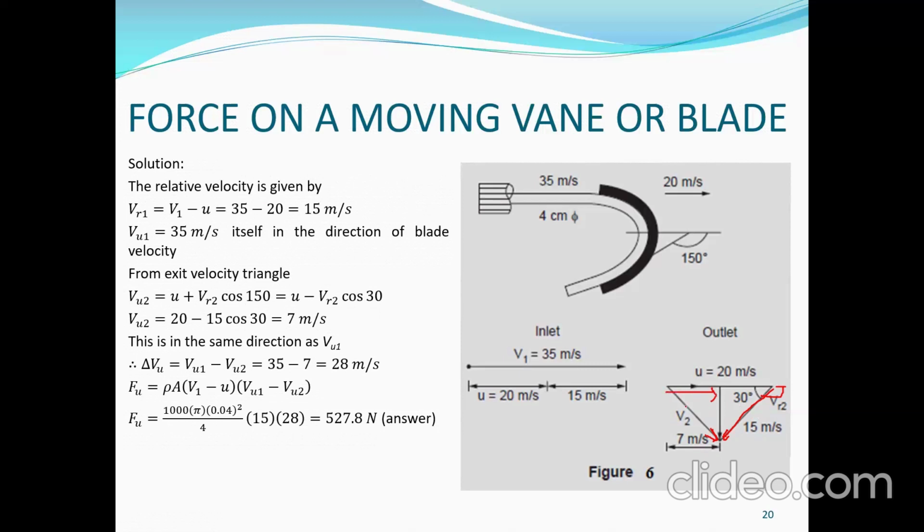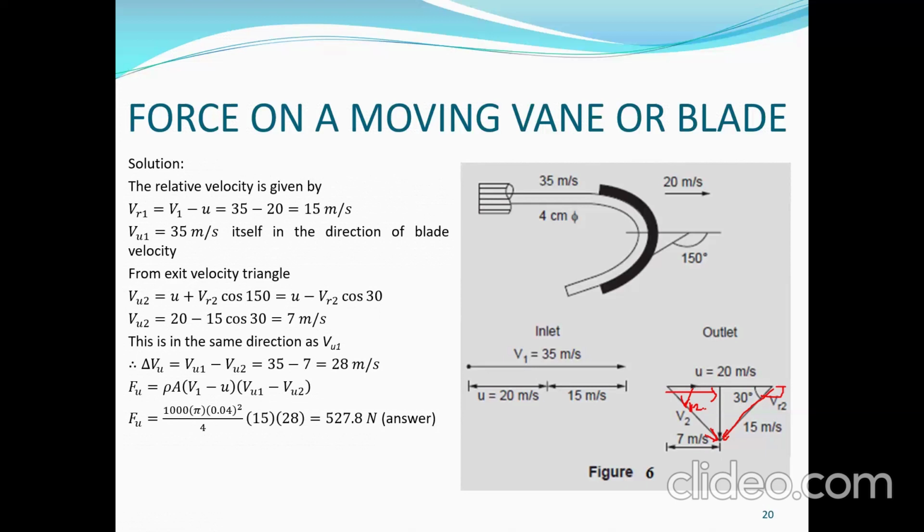Yan. V sub U2. So, this is in the same direction as V sub U1 or V1. So, delta VU is equal to V sub U1 minus V sub U2 is 35 minus 7 is 28 meters per second.